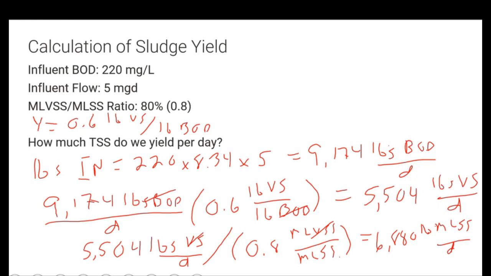So you could do this calculation in reverse to say I waste 6,880 pounds per day to my pounds of BOD. What is my ratio? And I think it'd be good for most plants to track this. And we're going to take this to the next step in a few slides. But I want to pause to see if there's any questions on the equations or how we got to where we did.